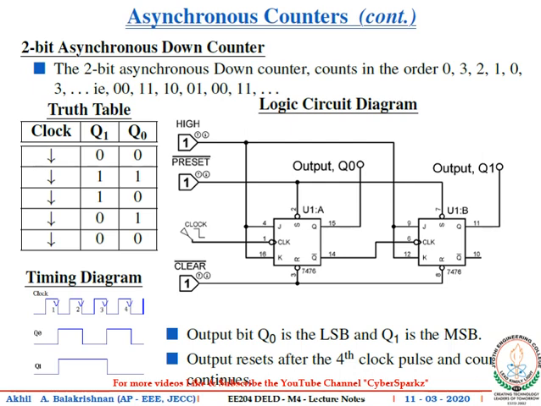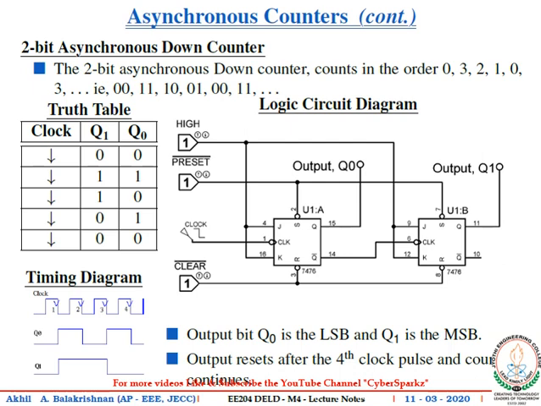A 2-bit asynchronous down counter counts in the order 0, 3, 2, 1, etc., or in binary form 00, 11, 10, 01, and it repeats. The circuit diagram is similar to that of a 2-bit asynchronous up counter. The only difference is that here the clock input for the second flip-flop is provided from the Q bar output of the first flip-flop.